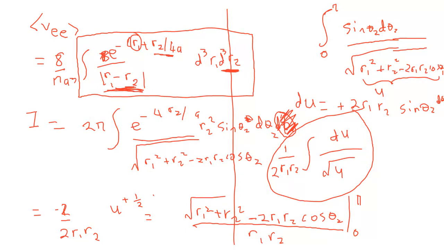Right. So when you get the pi, that gives you r1 squared plus r2 squared plus 2 r1 r2.